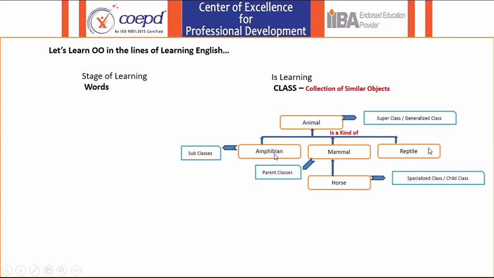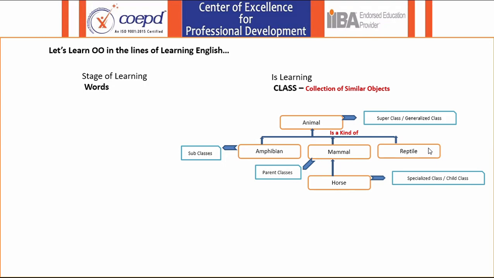If you take these three things, in general they are called animal, right? So it is called a generalized class. When you call animal a generalized class, amphibian, mammal, and reptile are called subclasses. Do you understand the meaning between generalized class and subclasses?